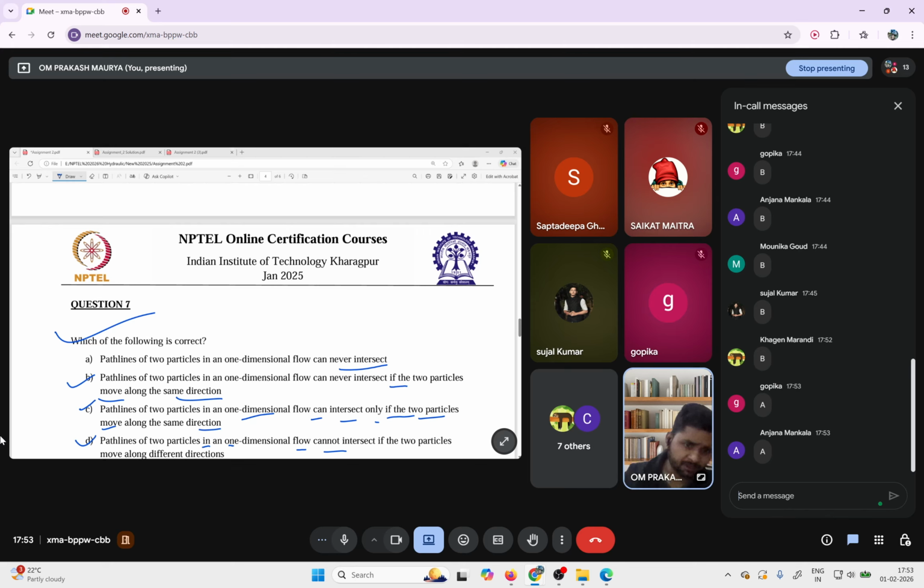Okay. Gopika is telling option A. Anjana is telling A. Monica is also telling A option.